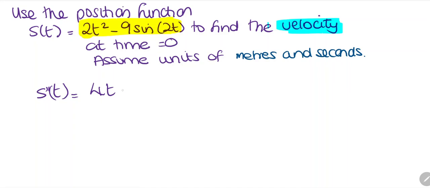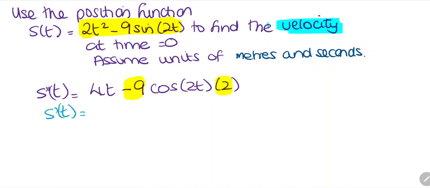And then minus 9 sine of 2t. So the derivative of sine is cosine, so cosine of 2t multiplied by the derivative of the inside, which is going to be 2. Now I can multiply out to simplify. So the velocity for this is going to be 4t minus 18 cosine of 2t.